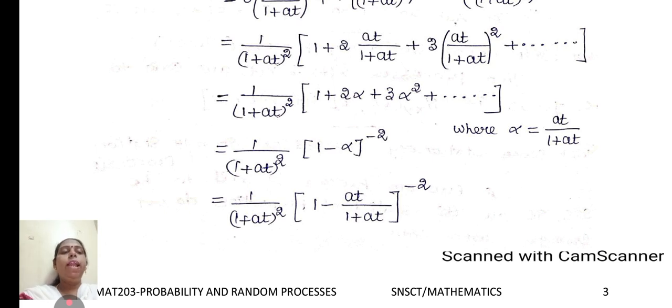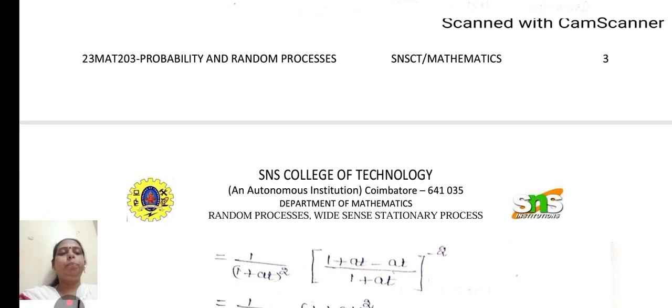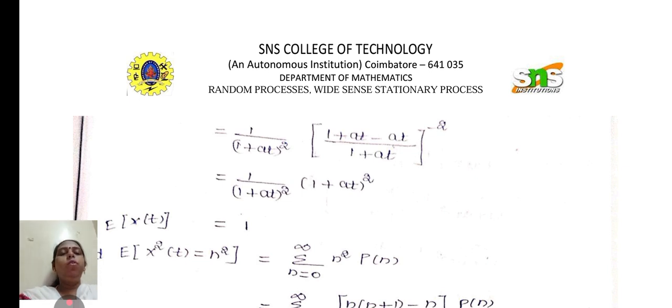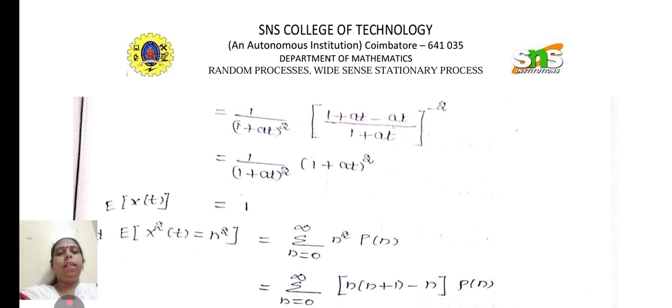Now substitute the value of alpha: 1 by (1 plus at) squared times (1 minus at by (1 plus at)) to the power minus 2. Taking the LCM, the at will get cancelled and we get (1 plus at) to the power minus 2. Rearranging the reciprocal, (1 plus at) squared will get cancelled and E of X(t) equals 1, which is a constant. So we get the mean as constant.